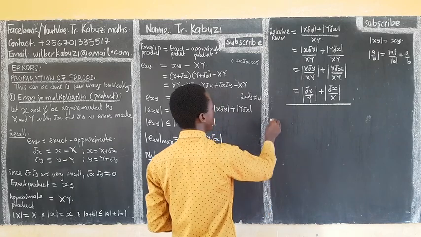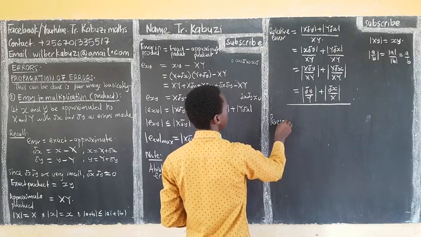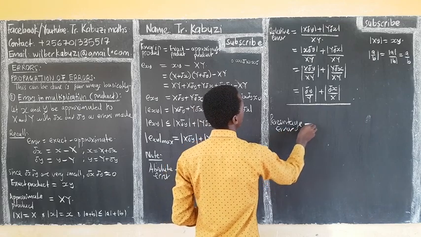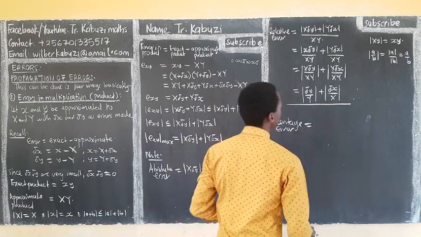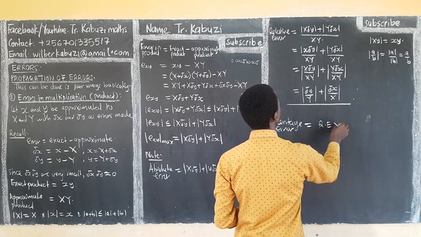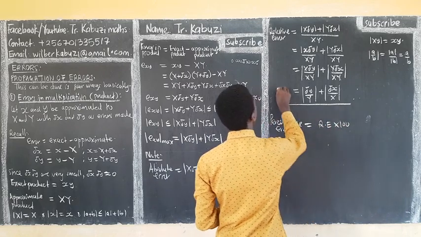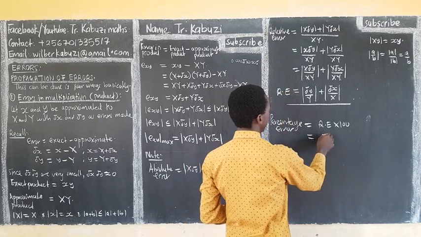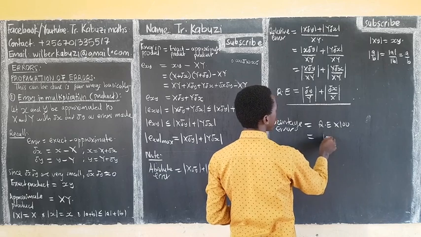When I come down to my percentage error, you said you get this relative error times 100. So I'm just abbreviating, okay.